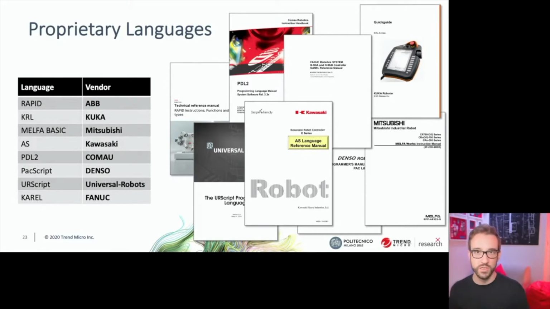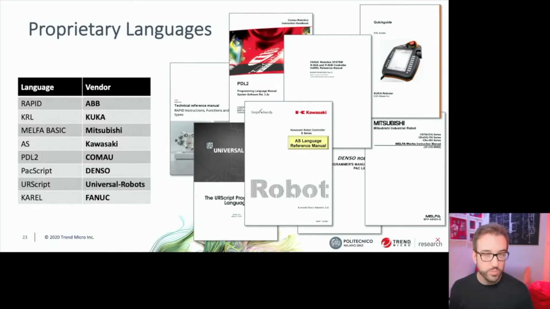There's nothing in common between these technologies. We closely looked at 8 programming languages, namely ABB, KUKA, Mitsubishi, Kawasaki, Comau, Denso, Universal Robots, and Fanuc. We looked at the specifications and technical documents that we could find online.